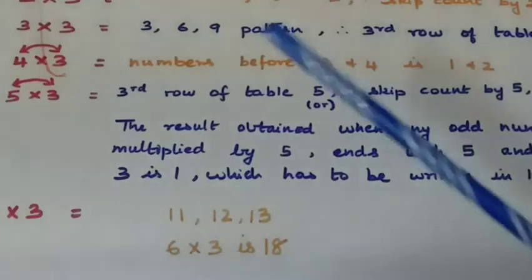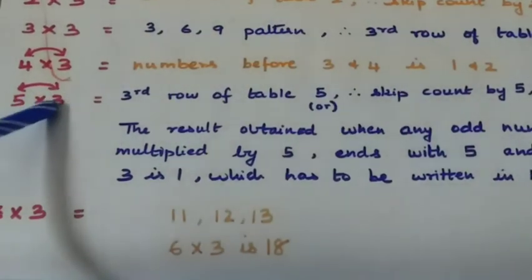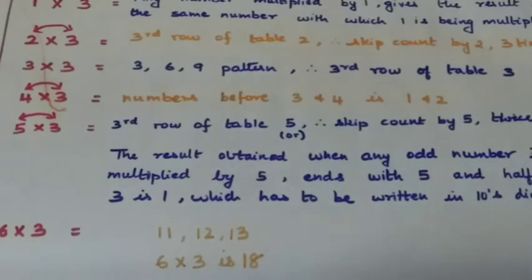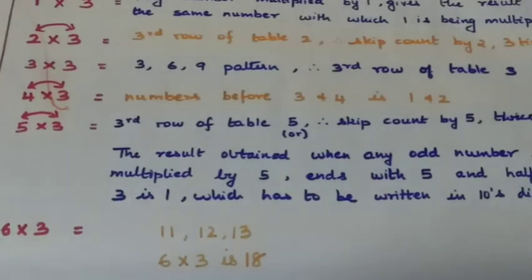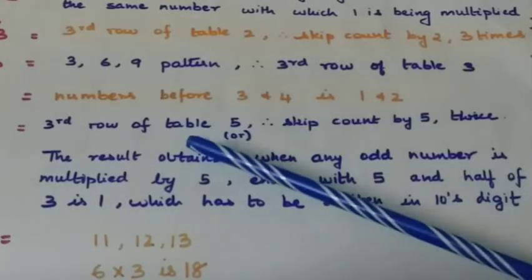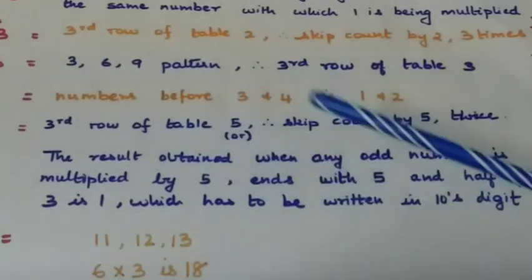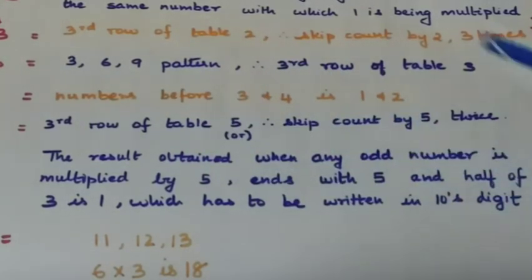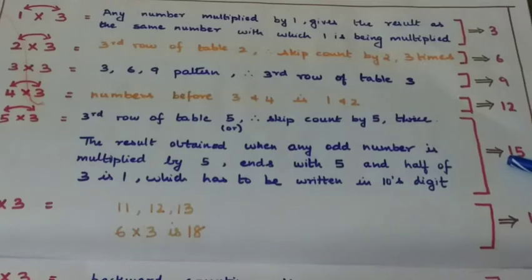Now let's move to the next row, which is 5 into 3. 5 into 3 is the same as 3 into 5. Since we have already learned table 5, this is the third row of table 5. So you need to skip count by 5 thrice. So 5, 10 and 15. So the result is 15.